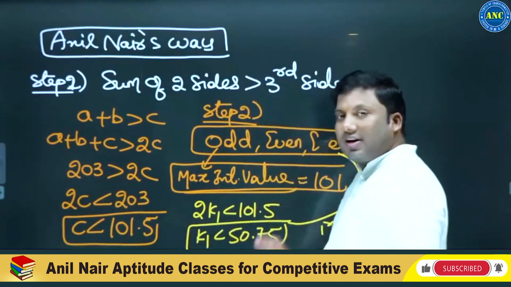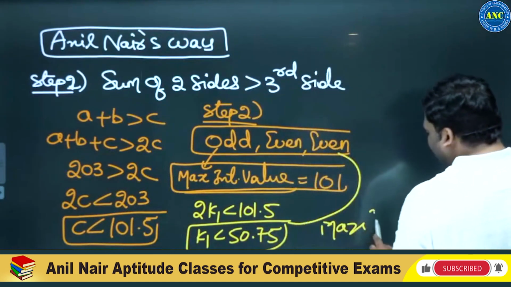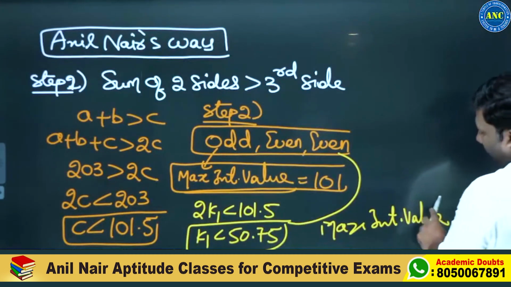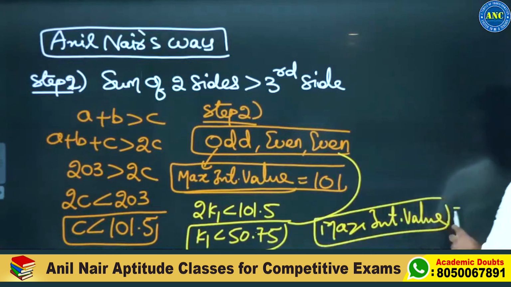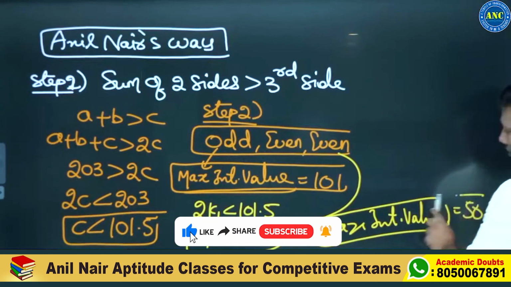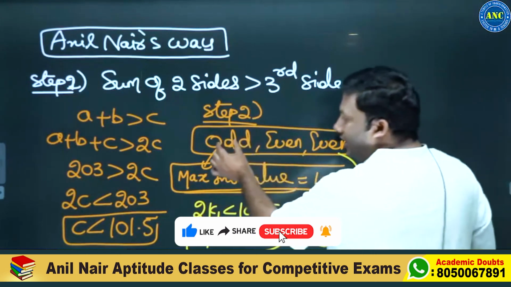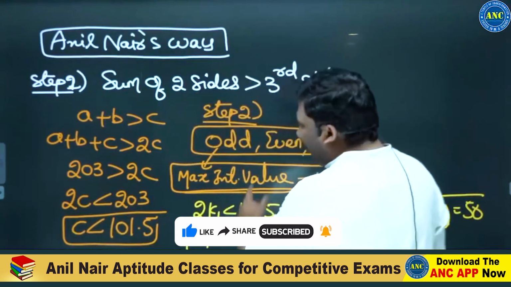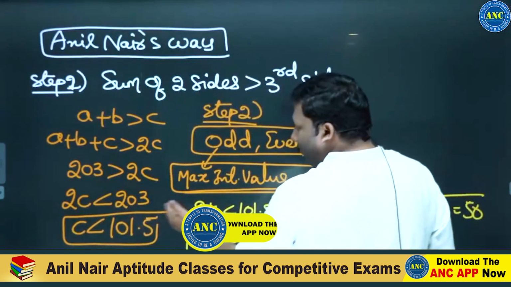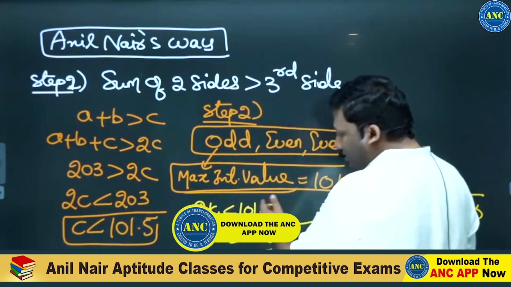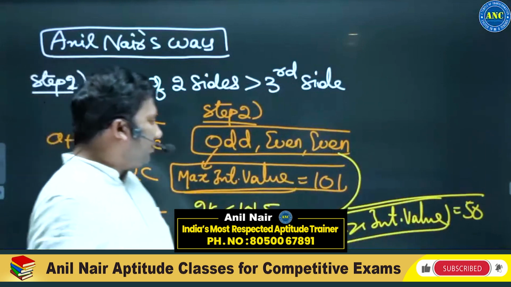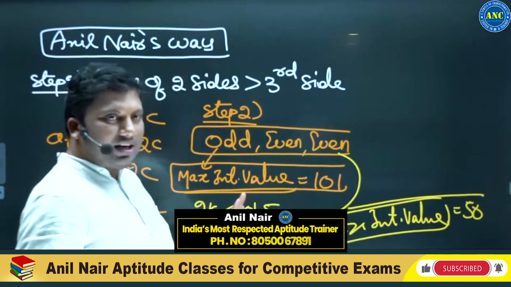If it is an even number, the maximum integral value is 50. I hope it is clear. Odd, even, even. If it is an odd number, maximum it is 101. If it is an even number it is 2k1, less than 101.5, k1 is less than 50.75. Maximum integral value is 50.